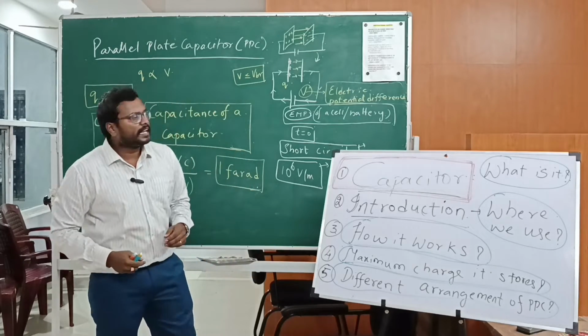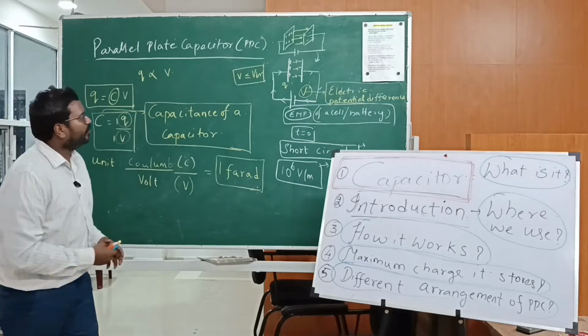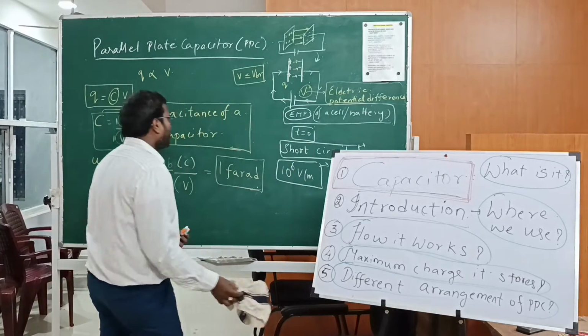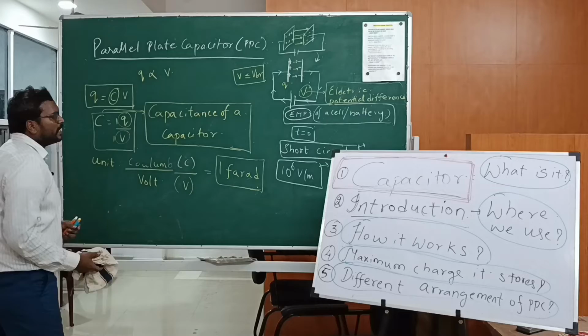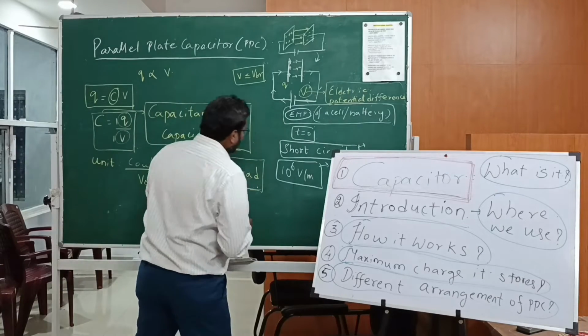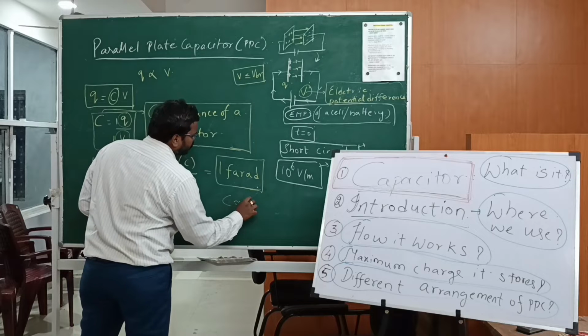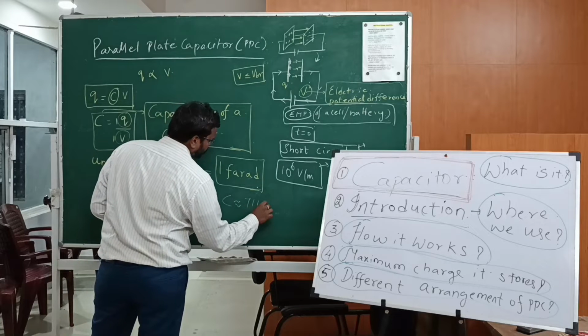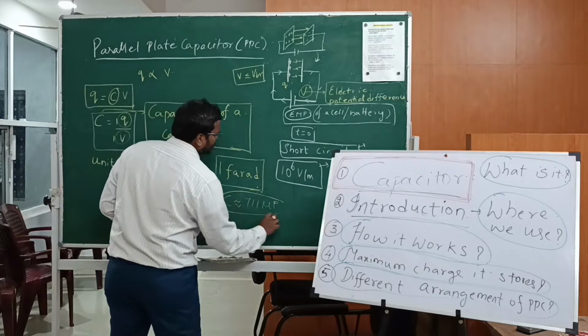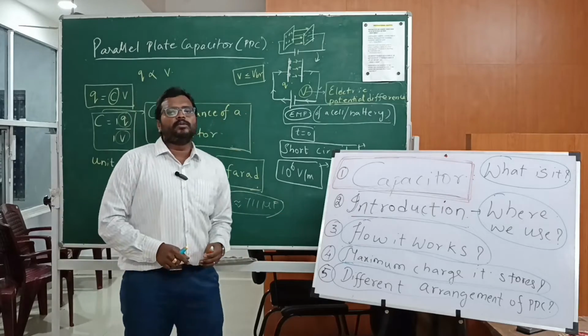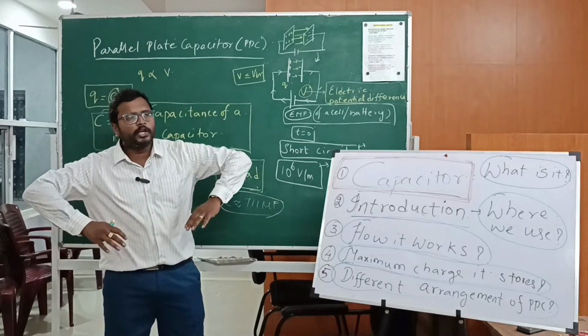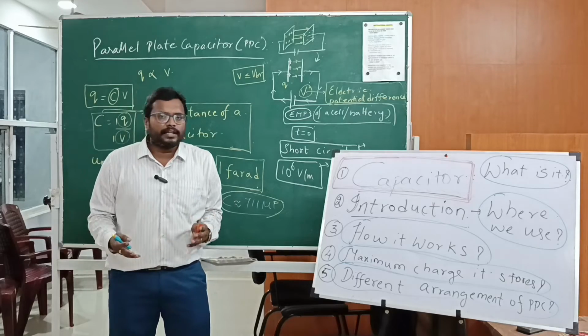So now let us try to see further about these parallel plate capacitors and how they work, right? And usually the value of capacitance for the earth is nearly 711 microfarads. Probably you would have learned it, earth is a huge source of charges.